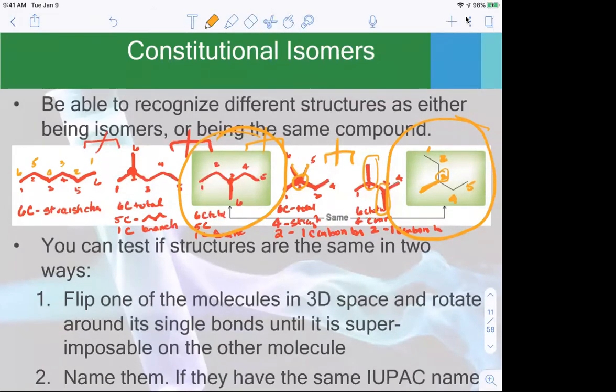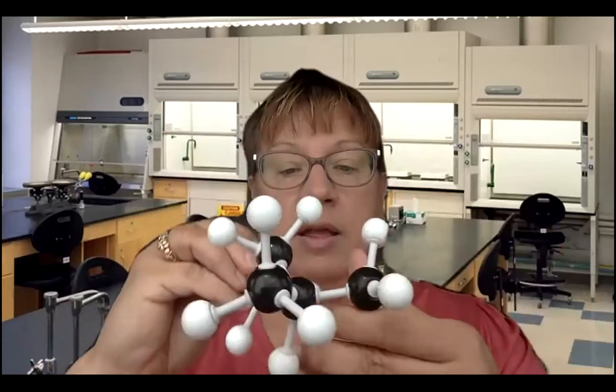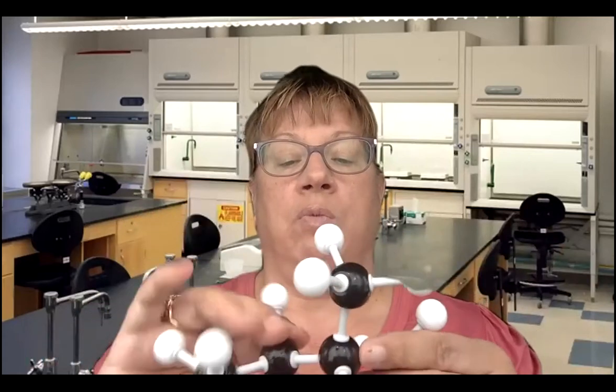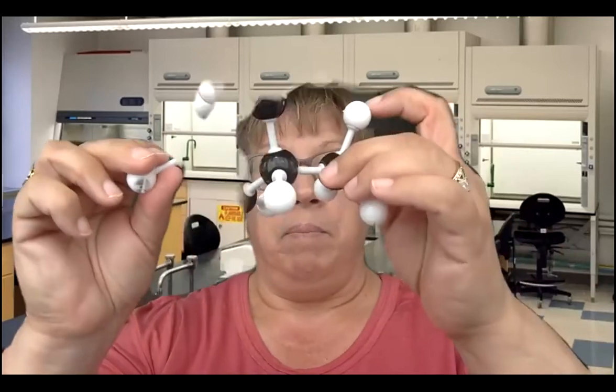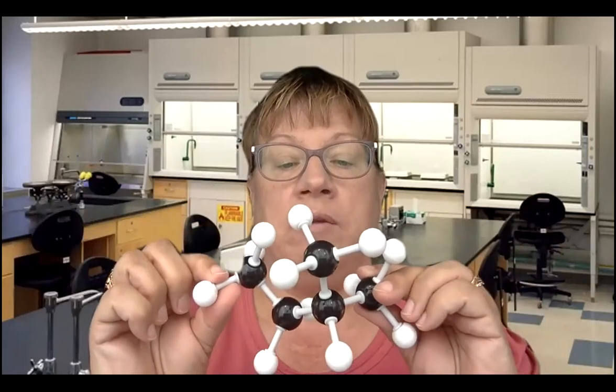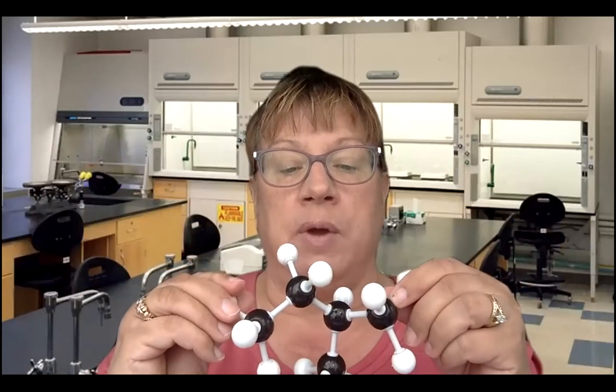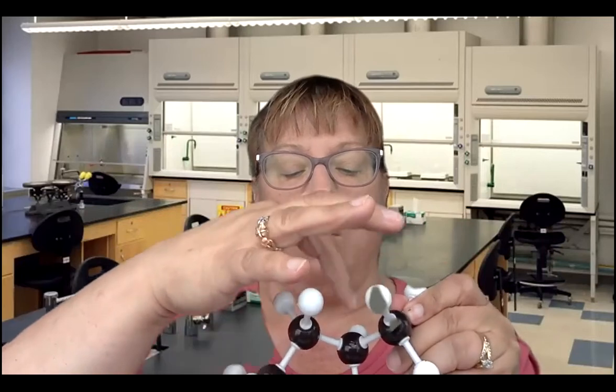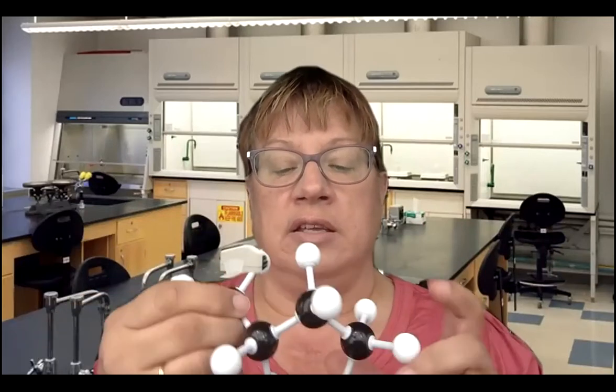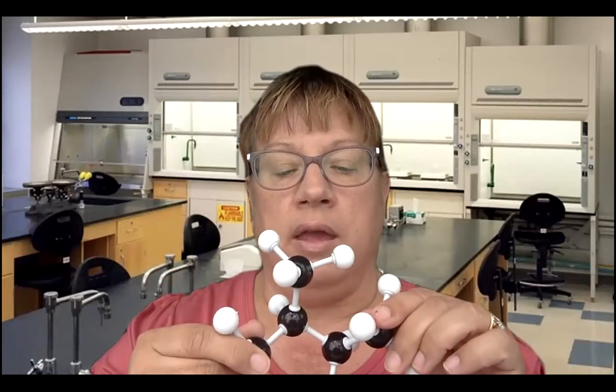So let's go back to the thumbnail, right? Remember, here's my 4 carbon with the 1 branch. But if I want to figure out, I could write it this way, right? I'd still have 1, 2 with a branch. I could draw it this way. I could draw it this way.